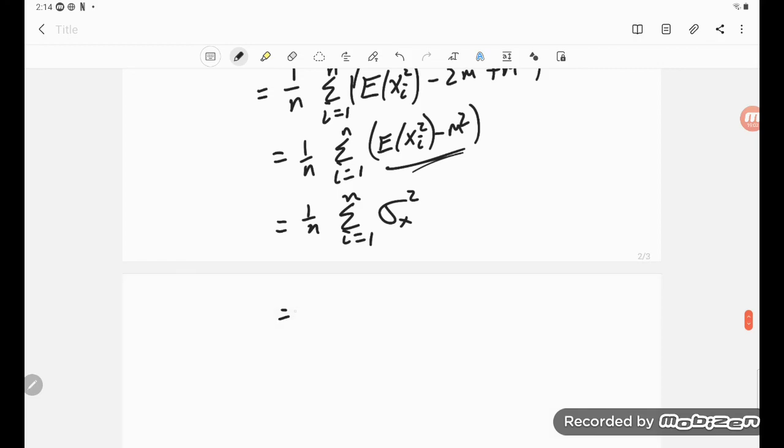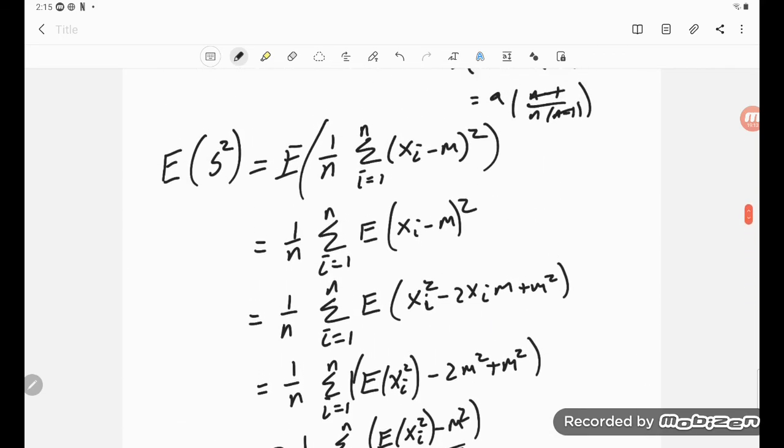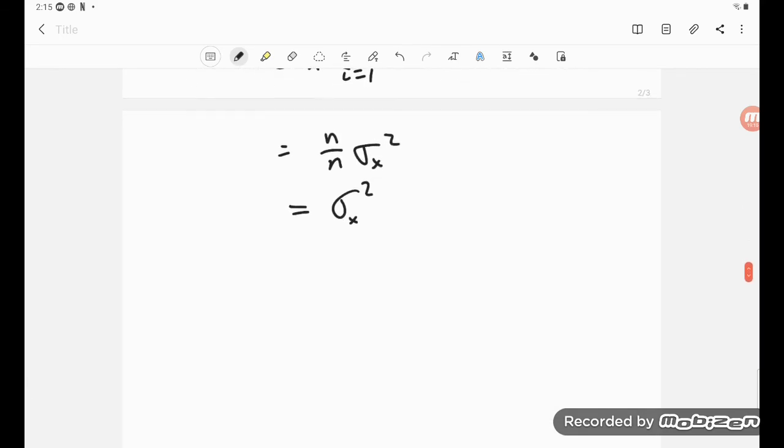But that means there's n of those, so we get n over n, sigma x squared. And finally, we get that the expected value of s squared is the variance of our original distribution that we're sampling from, sigma squared x.